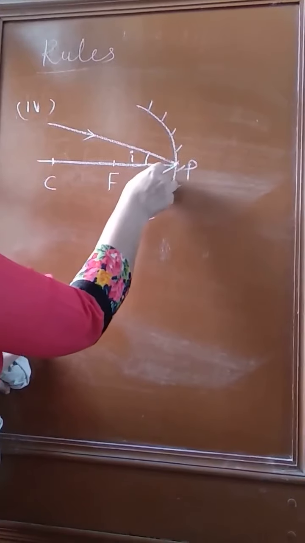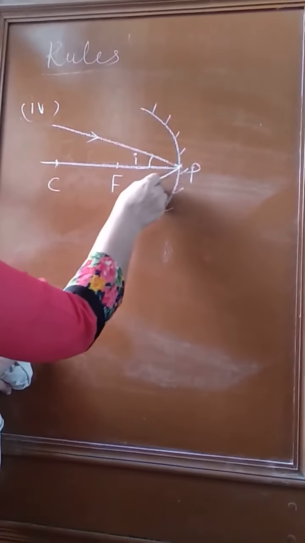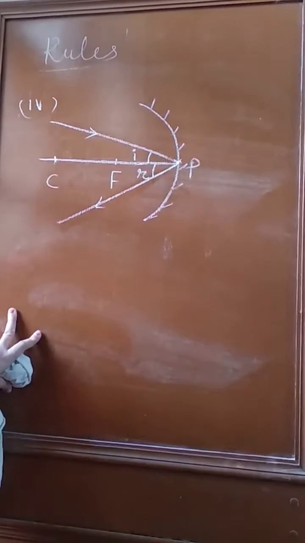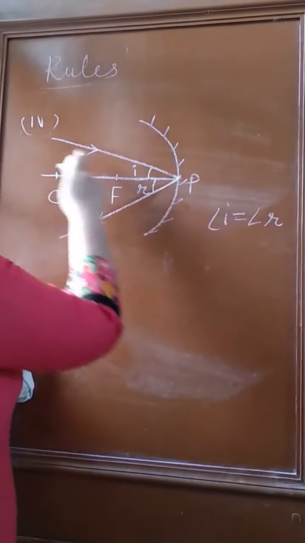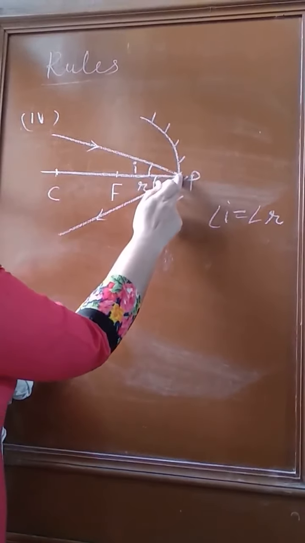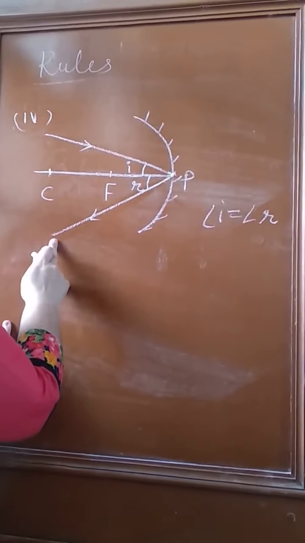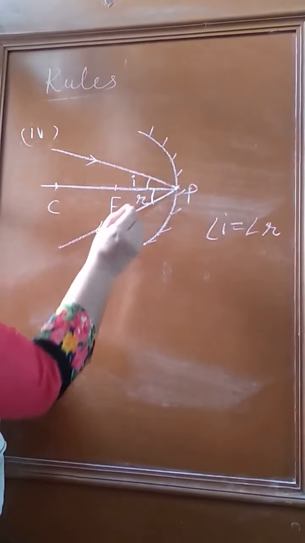It will go along this path at the same angle. Angle i is equal to angle r. When a ray of light is incident obliquely, after reflection it will go obliquely along this path.